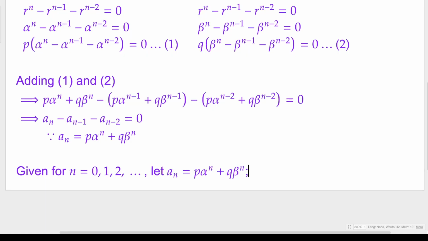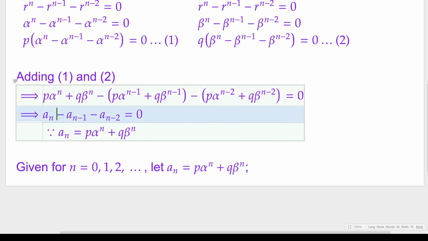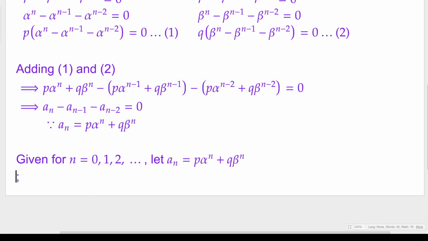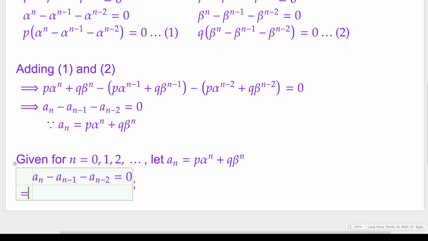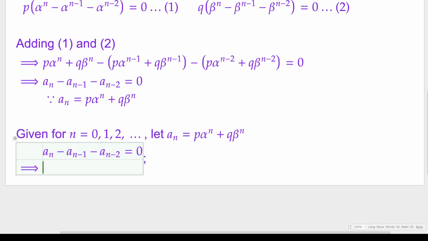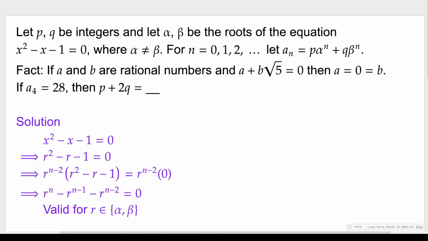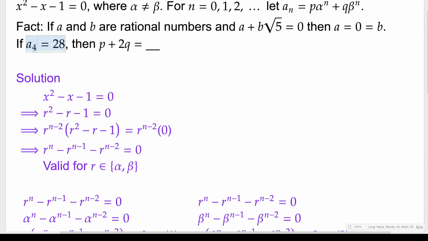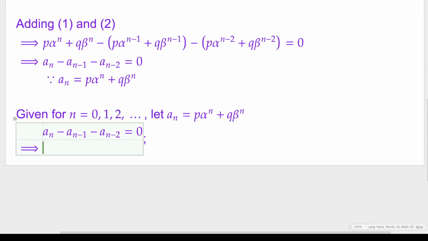And this is something that we have concluded till now. So this equation is the concluded equation. Now I will be following the procedure, I will take this particular equation further and try to solve it and get this value, that is a subscript of 4, and using that I'll try to compute the value of p and q, that is p plus 2 times q, right? So let us go ahead with this.